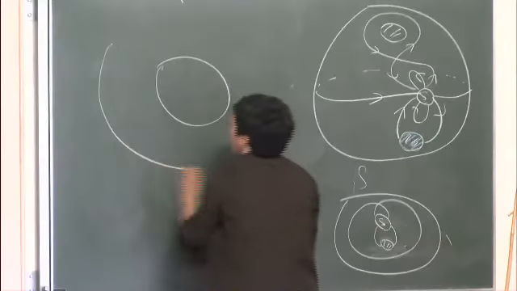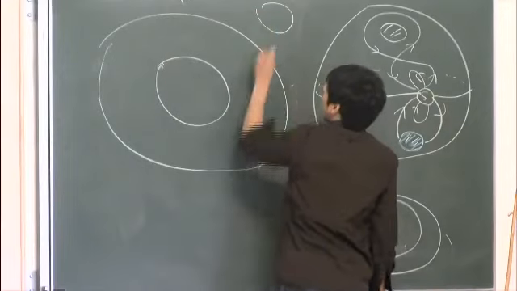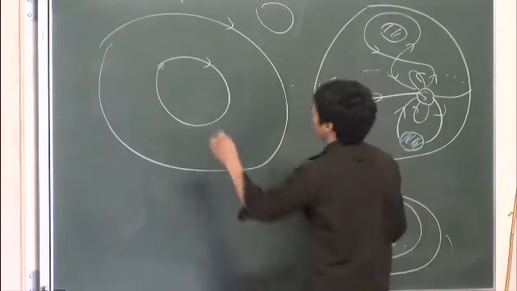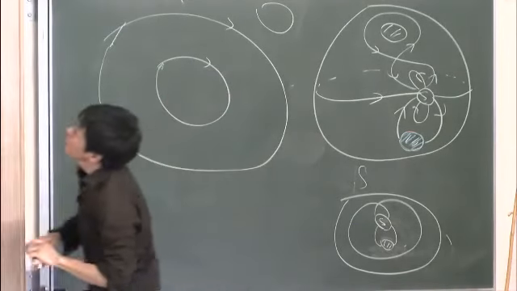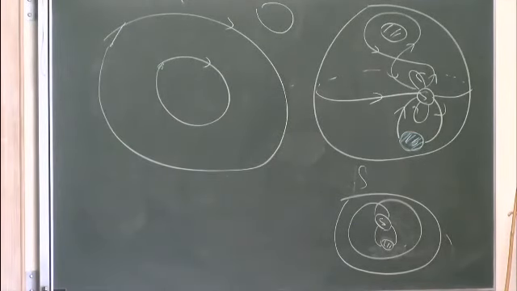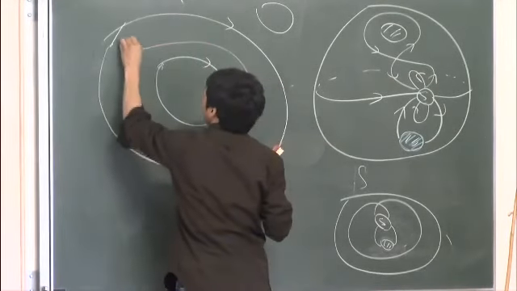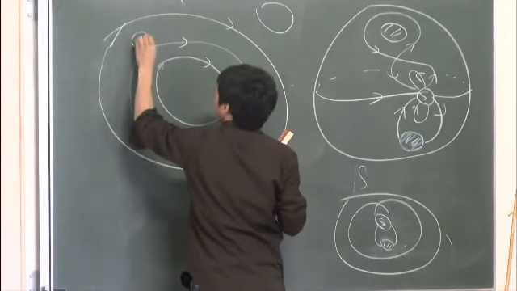First, we have O, where there is no singularity, and we operate. For example, B0, and we get something like this.